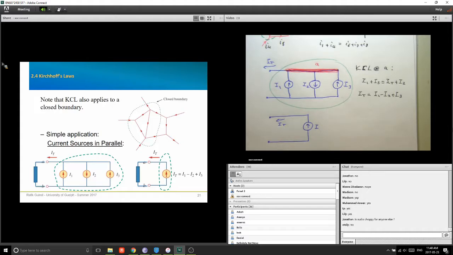And they have the exact same effect by replacing them with one current source.